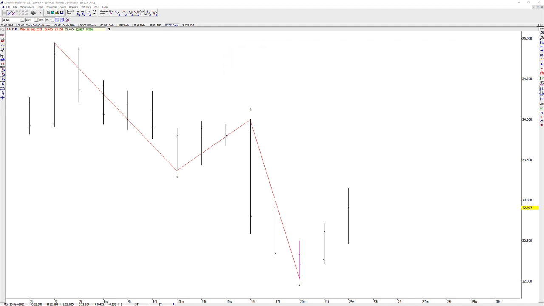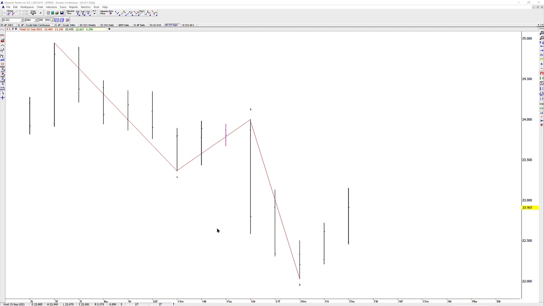In fact, we usually would look at that as the probable minimum retracement for a wave 4, around the 38.2% of the wave 3, up to the 50%, and to the maximum of around the 61.8% retracement of the wave 3.